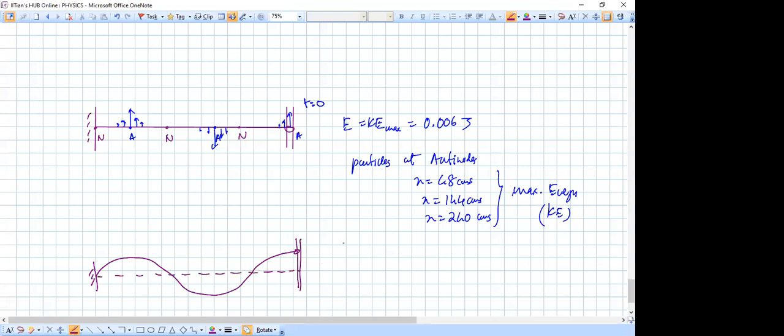So now the energy is in the form of maximum potential energy, and that potential energy is present here, here, and here.